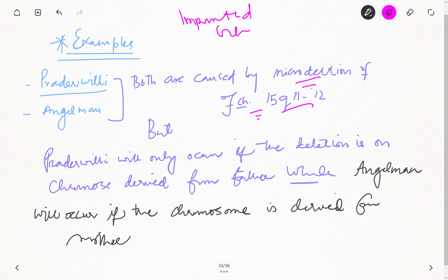If this deletion occurs on the chromosome inherited from the father, it will cause Prader-Willi, while Angelman syndrome occurs if that chromosome is derived from the mother. So it is the same gene: if it is affected on the mother's chromosome, it gives rise to Angelman, while if it is on the father's chromosome, it gives rise to Prader-Willi.